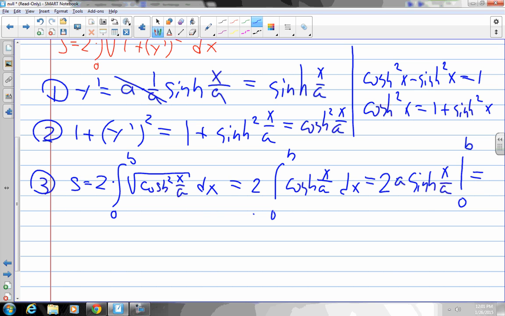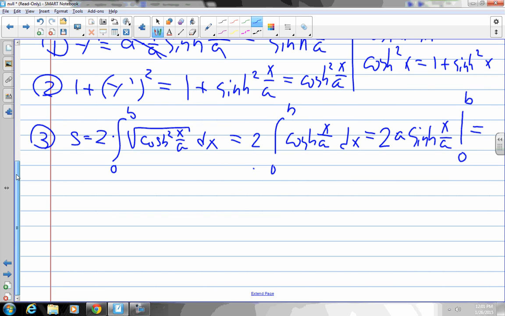Now you plug in b, and you get 2a sinh of b over a. And you plug in 0, you get 0. So that's it. This will be the length of that hanging wire.